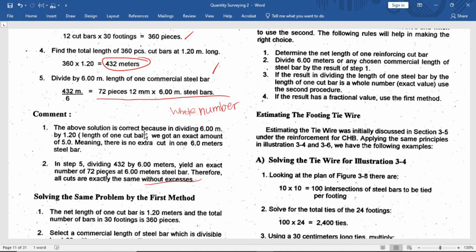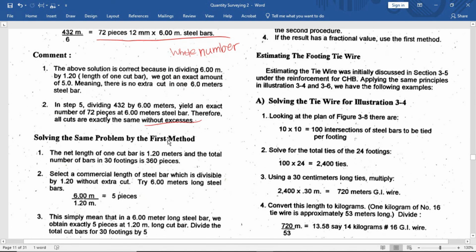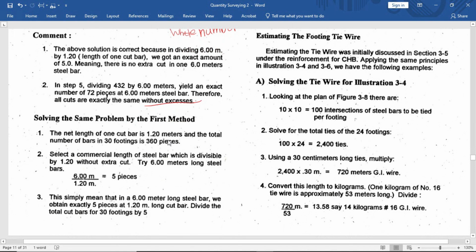So, solve naman natin yung same problem using the first method. Kanina nga, ulit. The net length of one cut bar is 1.2. So, 6 divided by 1.2 is 5 pieces.